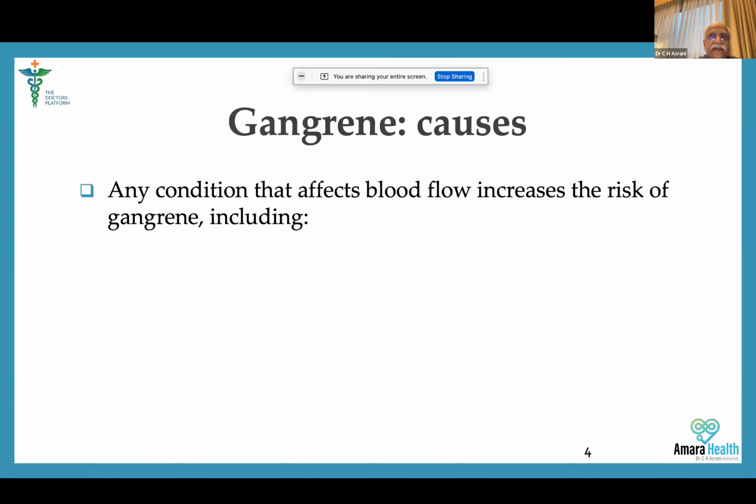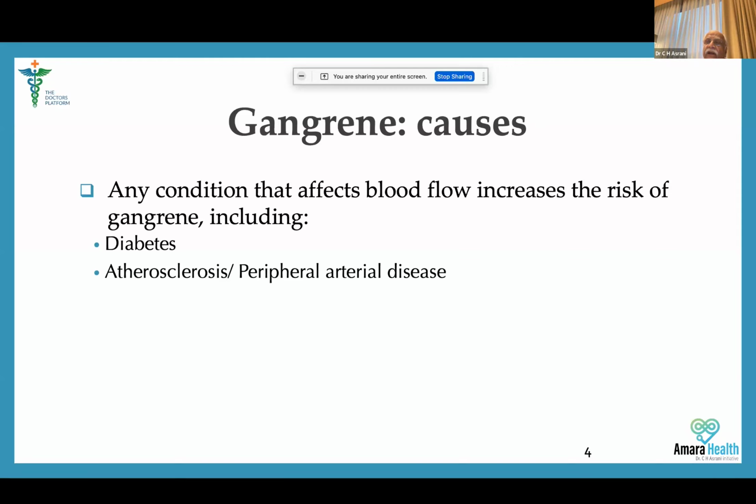What are the causes? As I said, stoppage of blood supply, infections, and trauma. Any condition that affects blood flow increases the risk of gangrene, including diabetes. Diabetes is the biggest cause of gangrene, largely because diabetes leads to atherosclerosis and diabetes leads to neuropathy.